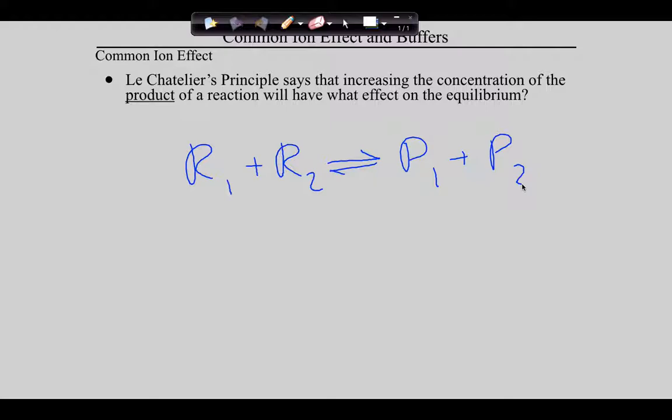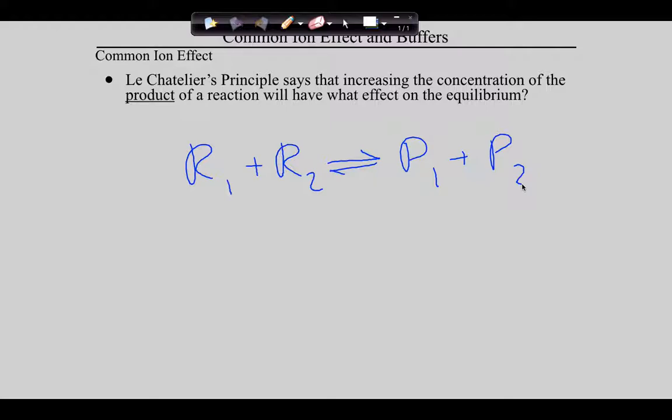Guys, can we sort of cluster around that idea that as we increase the concentration of product, the collisions between the product particles will increase, increasing the rate of the reverse reaction and shifting the equilibrium to the left. Does that make sense? Are you guys okay with all of that?